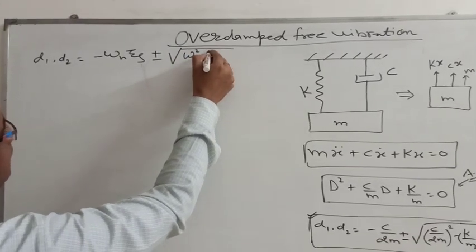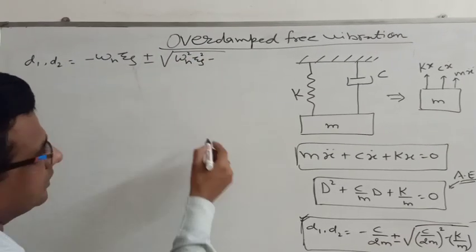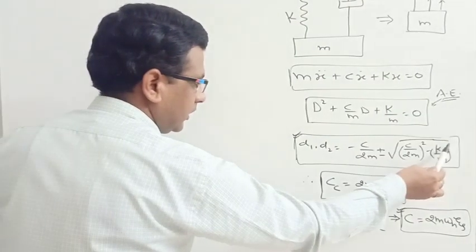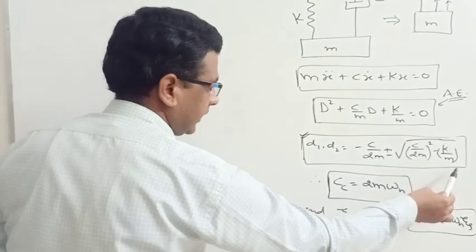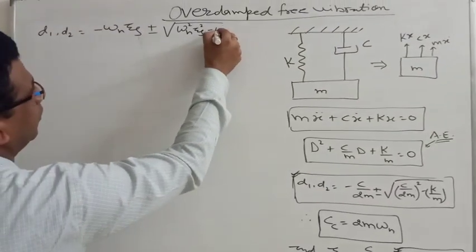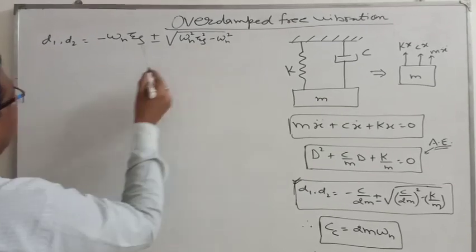omega n square zeta square minus, and we also know that from our natural frequency of system, under root k by m is the omega n, that's why this is also omega n square.